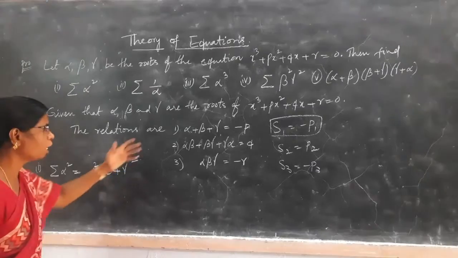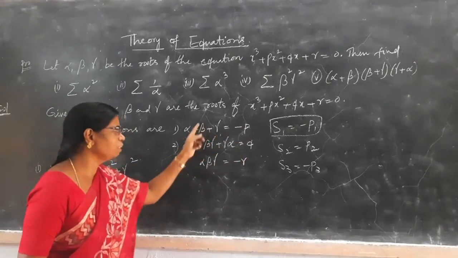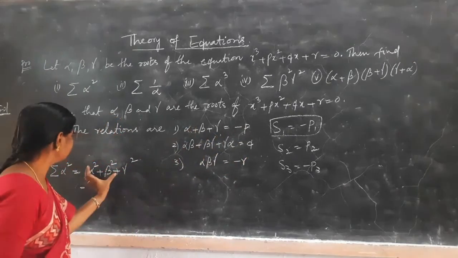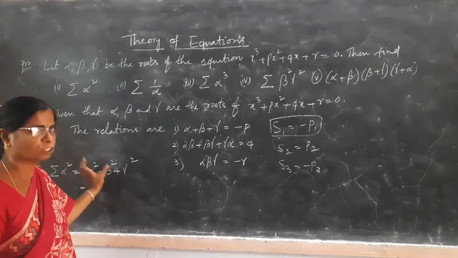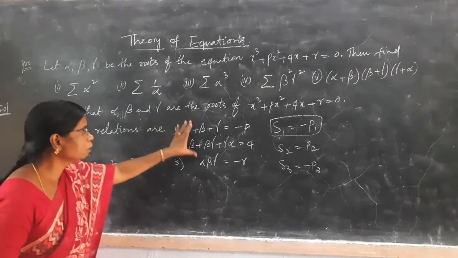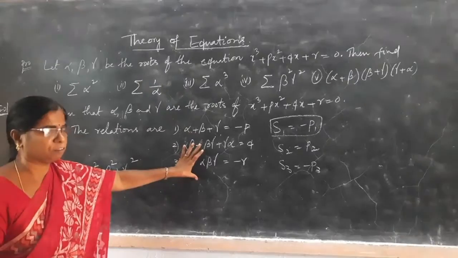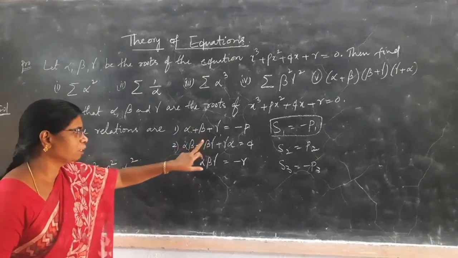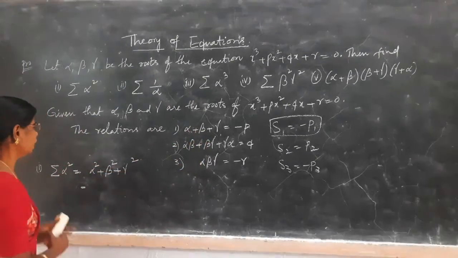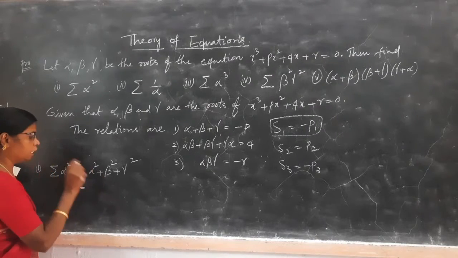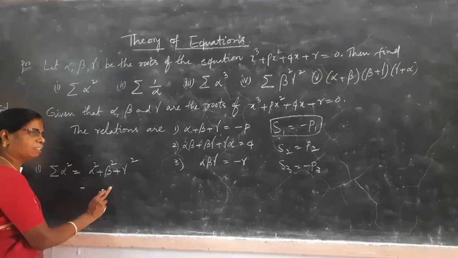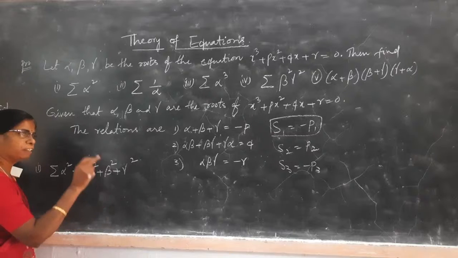We have to express this alpha square plus beta square plus gamma square in terms of these, that is, alpha plus beta plus gamma and so on. Remember the things which I explained in the previous class.